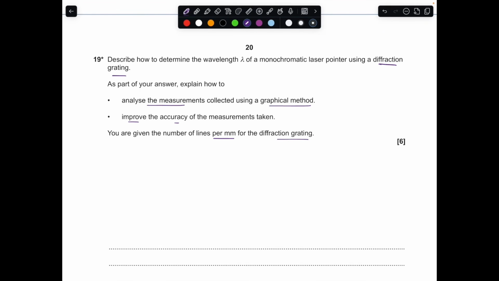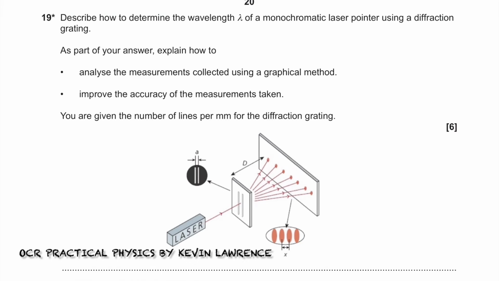So let's get the diagram up first. In this diagram, we've got a laser pointer which is emitting a monochromatic light, which is passing through this diffraction grating with n number of lines per millimeter, and it's creating this diffraction pattern, producing the bright fringes at a distance of x meters away from each other.